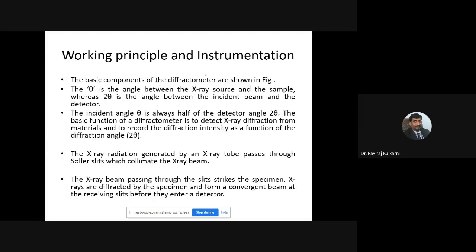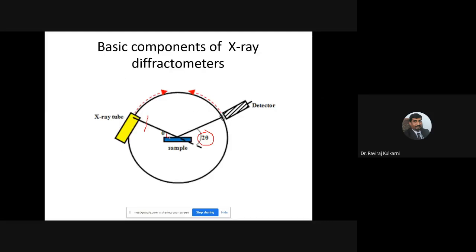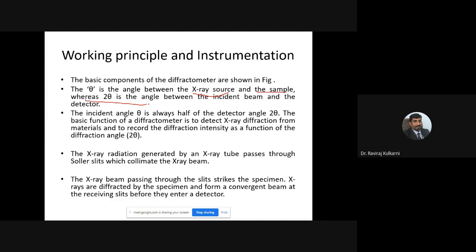The basic components are shown in that figure. Theta is the angle between the X-ray tube and the sample, whereas 2 theta is the angle between the incident beam and the detector.